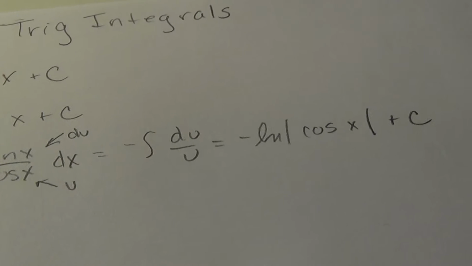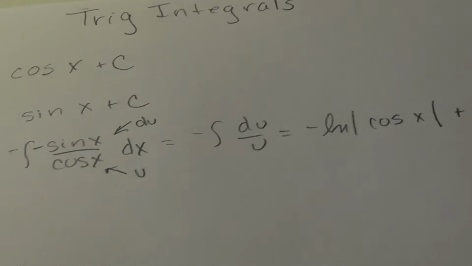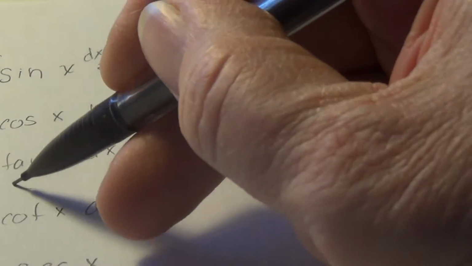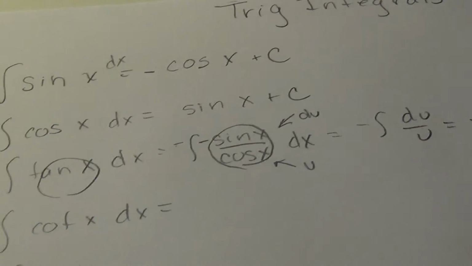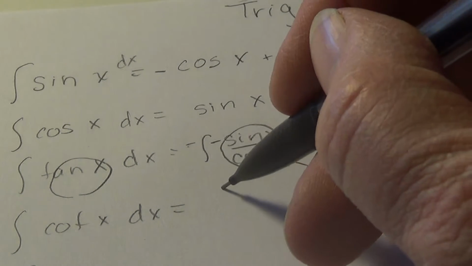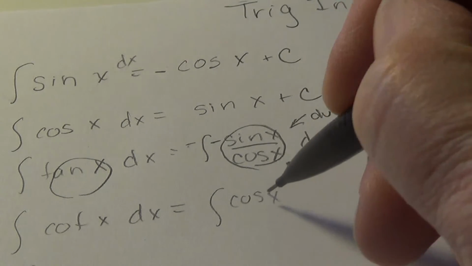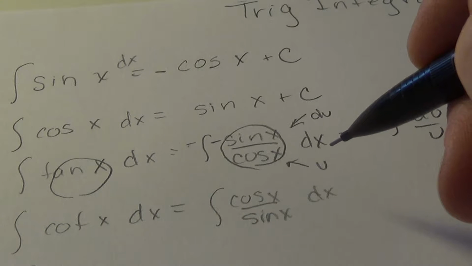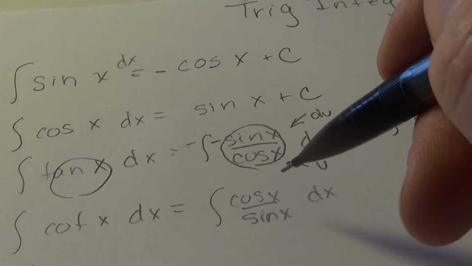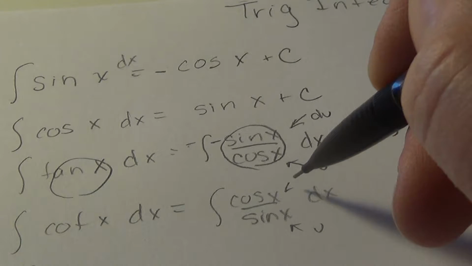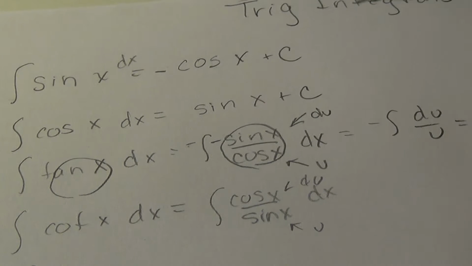All right, so I would like you to be able to calculate that, but you have to remember that sine over cosine is the same as tangent. So cotangent is going to be the flip idea. So it'll be cosine over sine. That'll be the trig ID that gets us through that. And here we have our u under our du exactly with no adjustments.